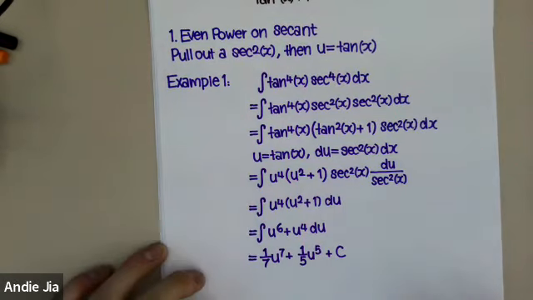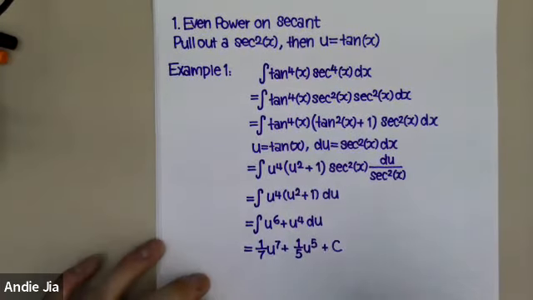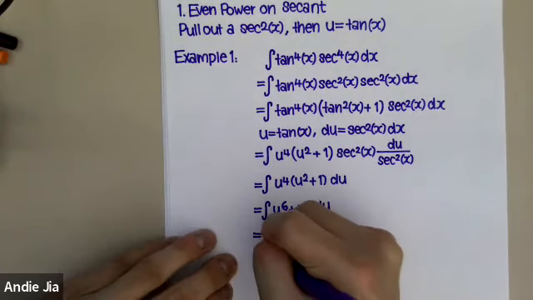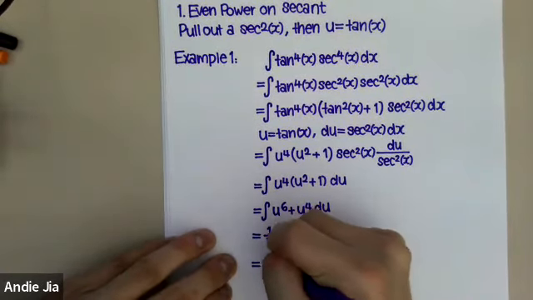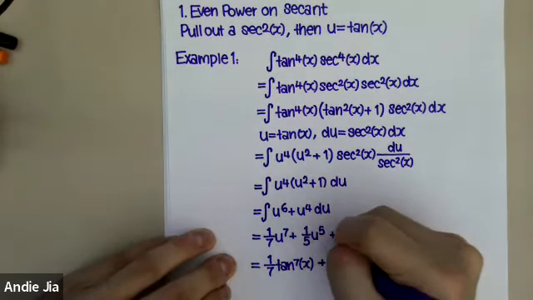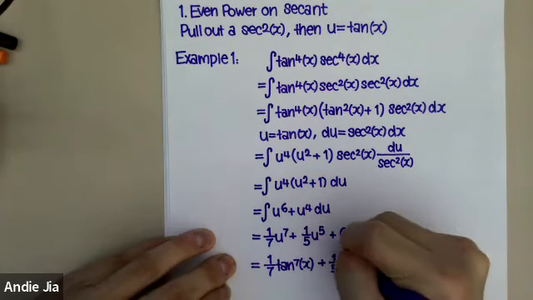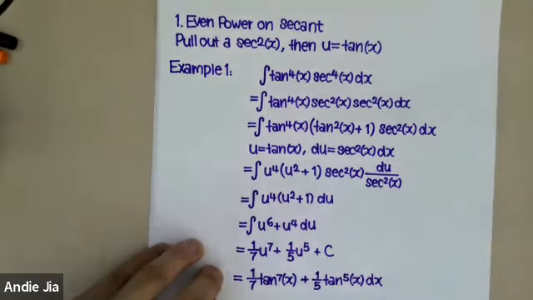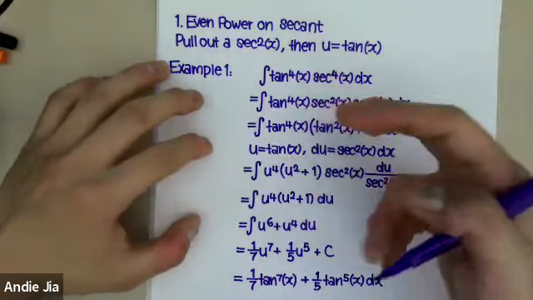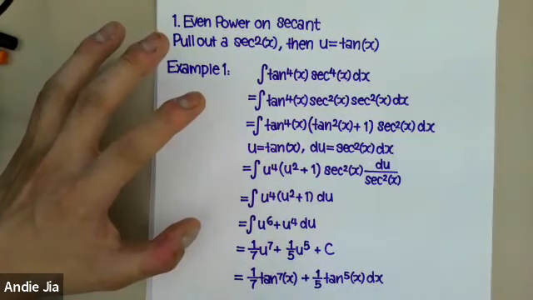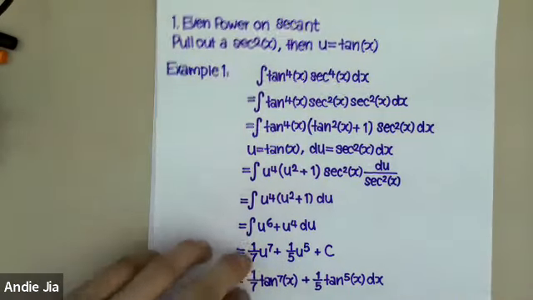Because this is an indefinite integral, after the integration we replace u with tangent of x. So the final answer will be 1 over 7 tangent to the 7 of x plus 1 over 5 tangent to the power of 5 of x plus C. This is what you can expect when you solve integrals with an even power on the secant.